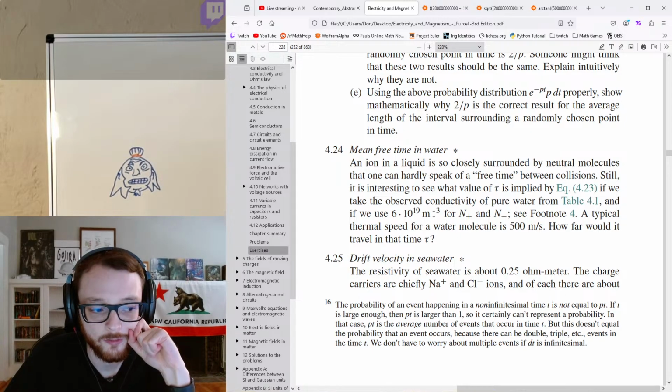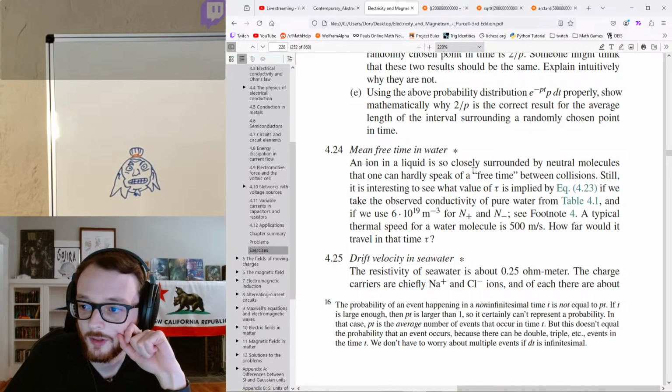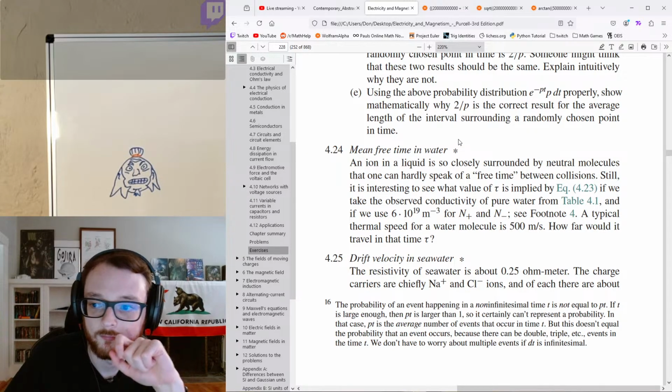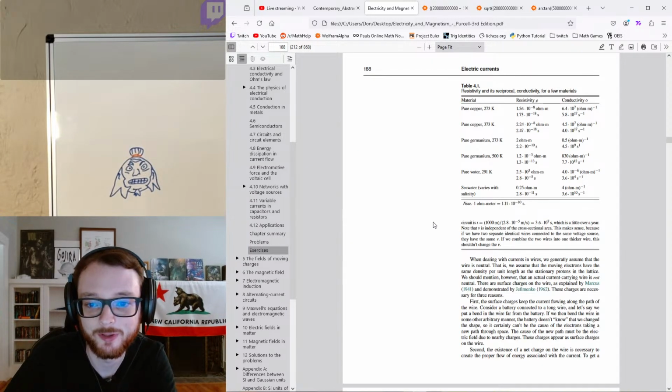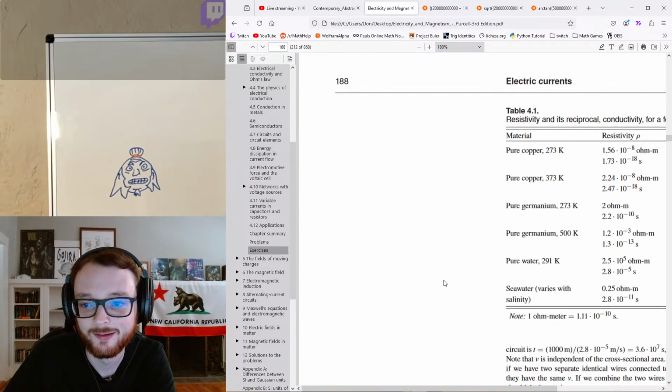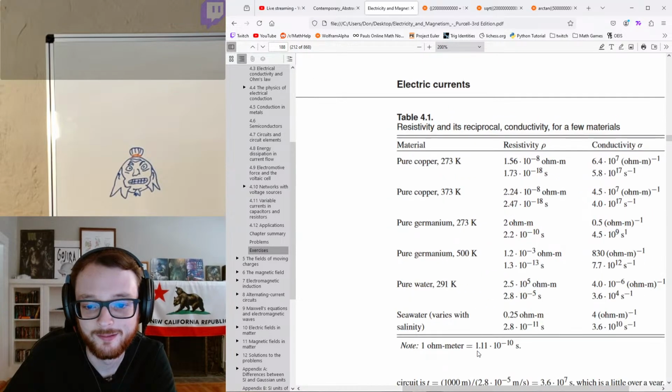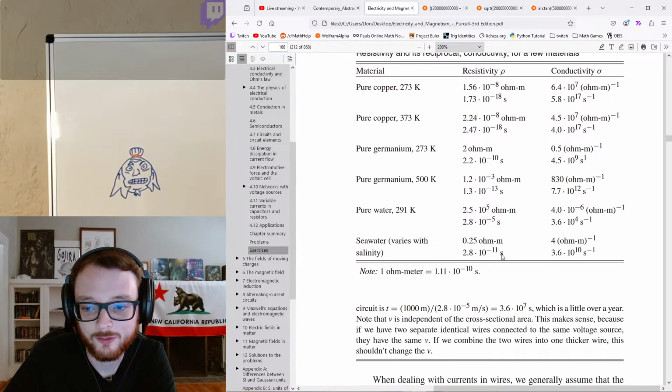So this is really just plugging into a formula. They make us hunt around for all the different values that we need. But it does just come down to plugging into a formula.